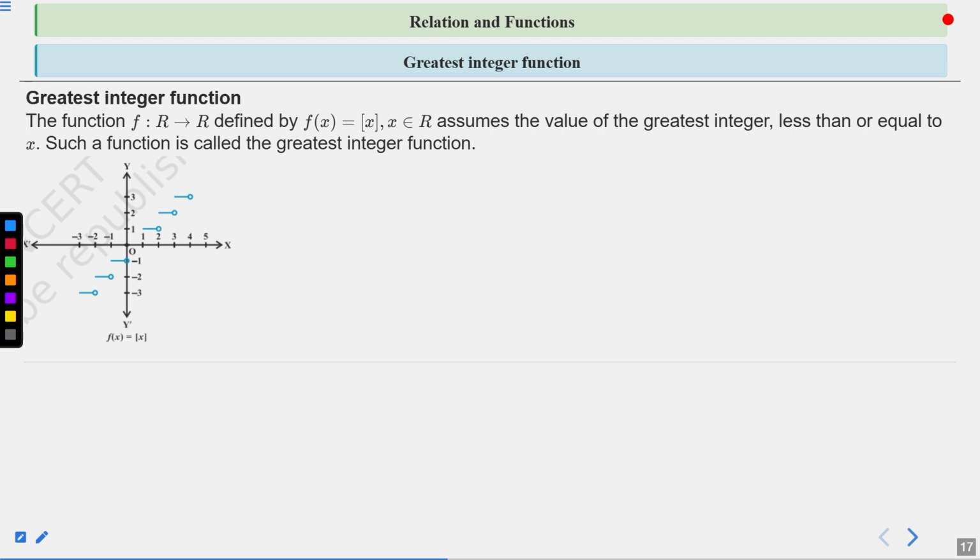So you can list infinitely many integers less than 1.5. But this represents the greatest integer less than or equal to 1.5. So greatest is 1. So for 1.5 the output is 1.